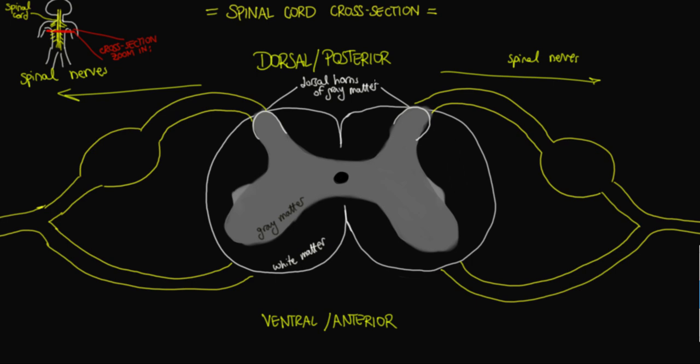And we'll talk about their significance in a moment. On the other side, we have what we call ventral or anterior horns. We also have, in some regions of the spinal cord, what we call lateral horns, and they exist in the thoracic as well as part of the lumbar region. So these are what we call lateral horns.